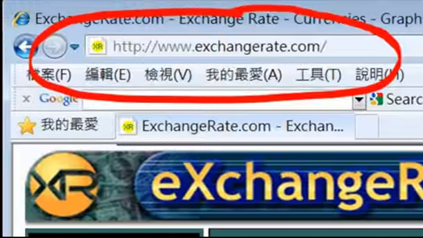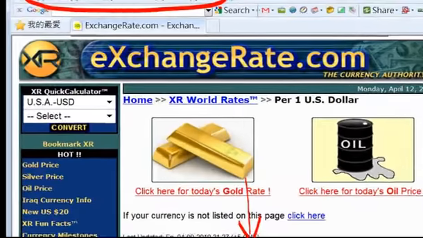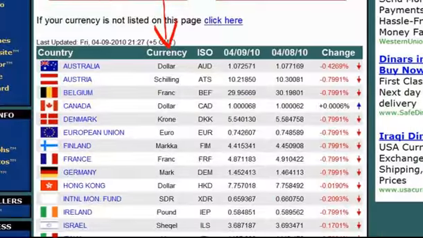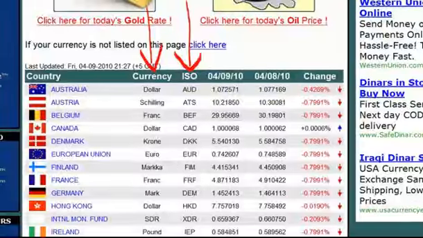Let me take you to exchangerate.com. It shows most currencies are traded in the open market. First is the currency name. Second is the ISO symbol.